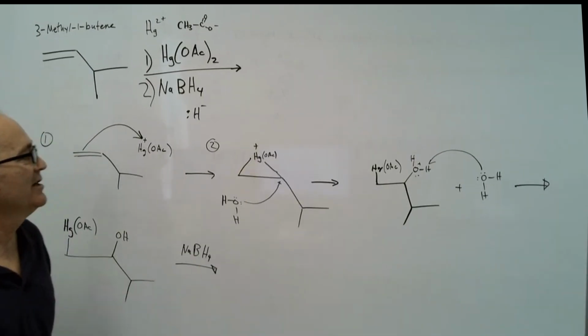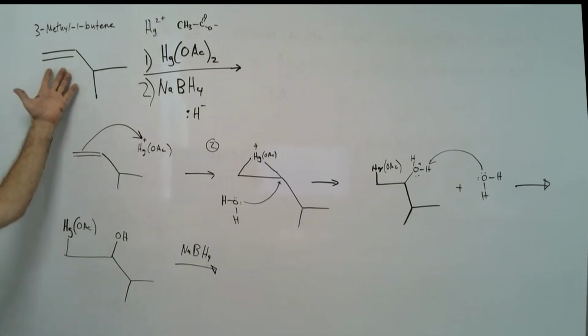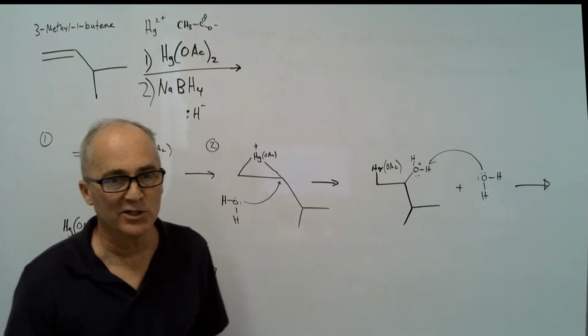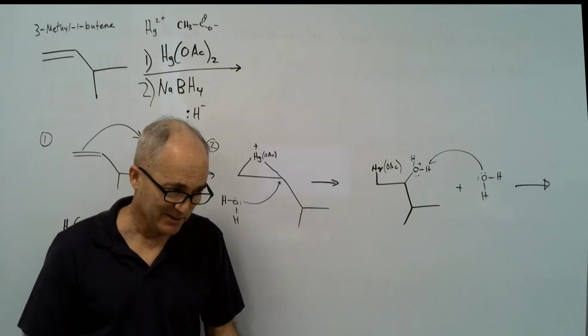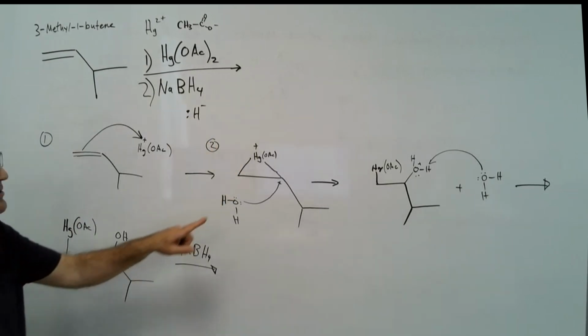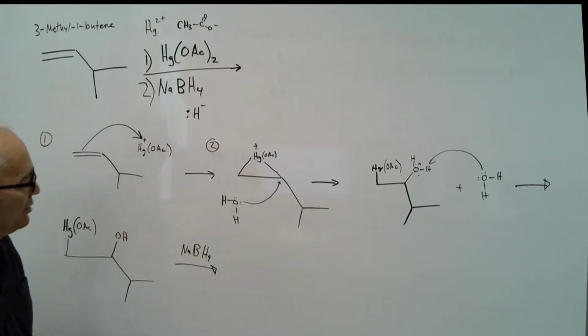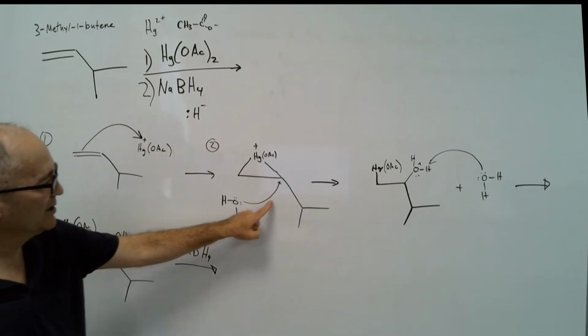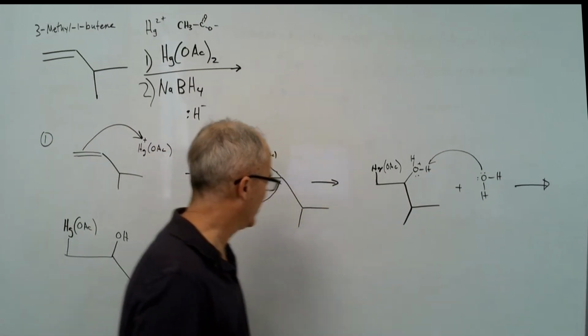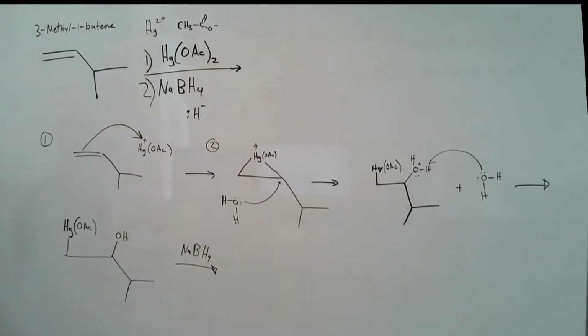The positive charge is on mercury. Normally, in a lot of our addition reactions to an alkene, we get a carbocation, and what are carbocations known to do, besides eliminate a hydrogen and form an alkene? Yeah, they rearrange. So notice this is kind of locked in place, and then water comes and hits there, and in the presence of water, this hydrogen comes off and puts the OH there.